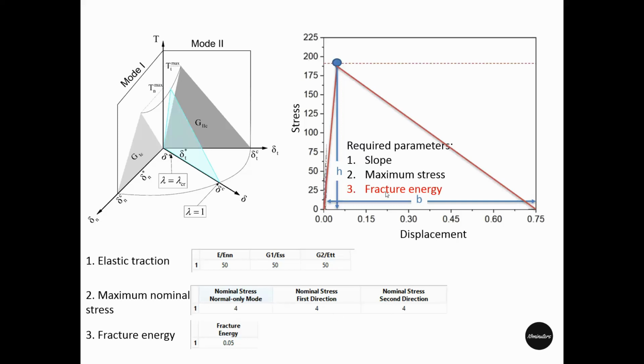Finally, you have to define the fracture energy. It can be defined as mode dependent or mode independent. Mode independent would mean that fracture energy is equal, or in other words, the area under each curve is equal. Here I have defined a mode independent definition of cohesive law, hence only one value of fracture energy.